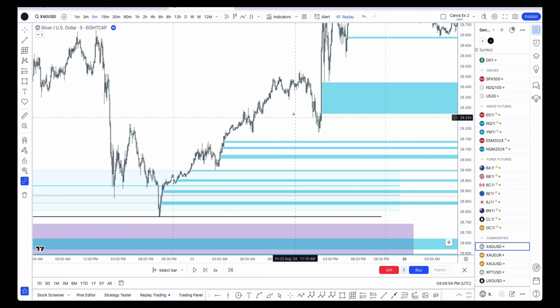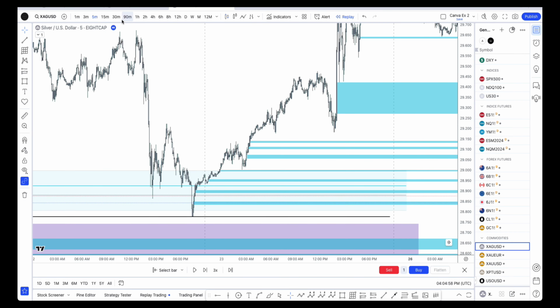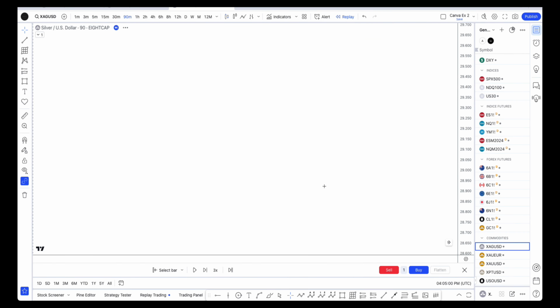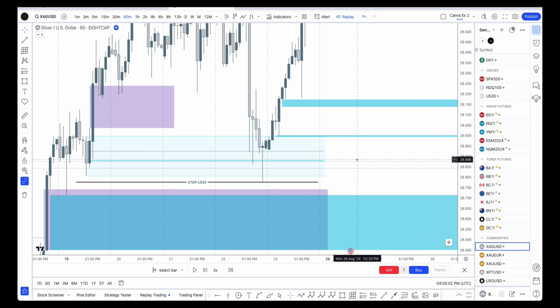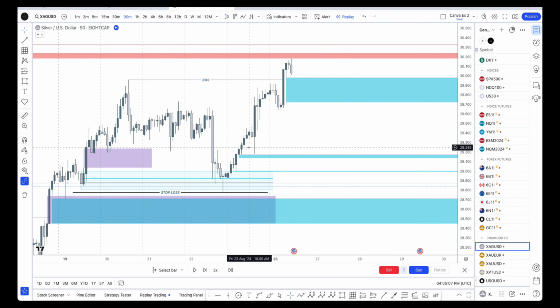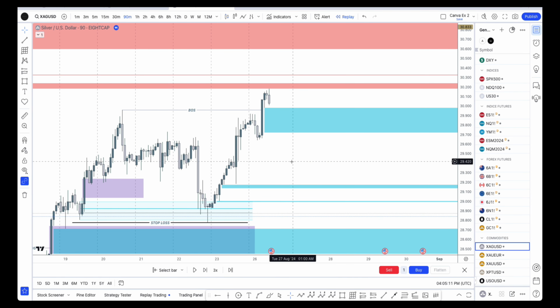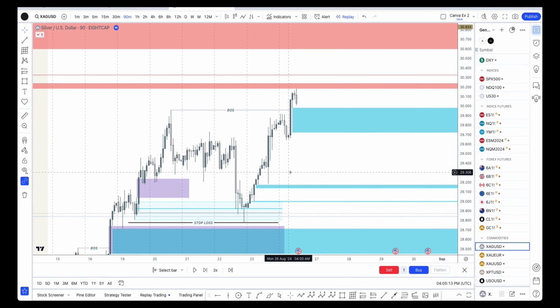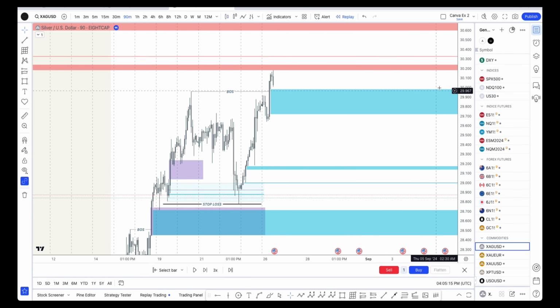I still wouldn't trail with the lower time frame structure. I would rather trail with a higher time frame structure. In this case, we're using the 90 minute, right? So trail on the higher time frame, because if you start trailing on the lower time frame, you risk price tapping into an area that you trailed your stop loss into, as opposed to doing it on a higher time frame, which can save you a big mess.